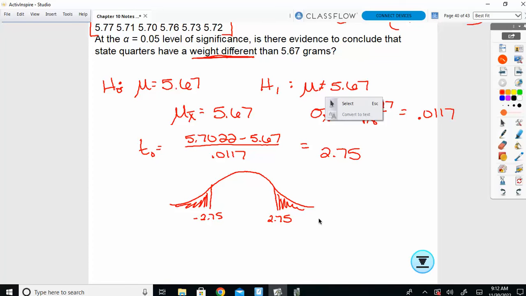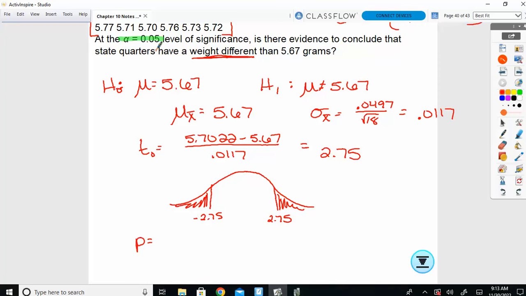If we were doing this by hand, we would have to get the p-value from here. The p-value is the probability of this. So if you were looking at your t-distribution table, how many degrees of freedom do we have? 17. What alpha level did I give you in the problem? 0.05.